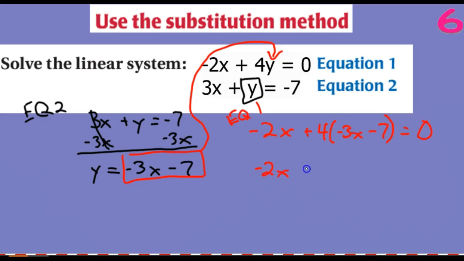This is equation 1. So negative 2x plus 4 times negative 3, which is negative 12x, and 4 times negative 7 is negative 28, equals 0.